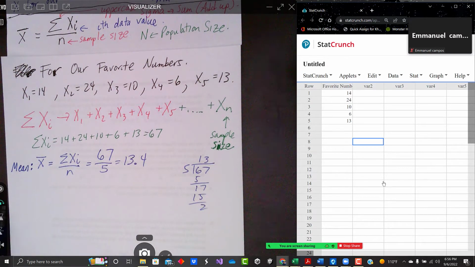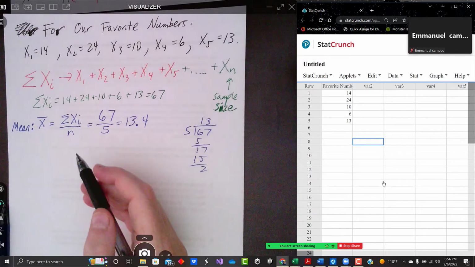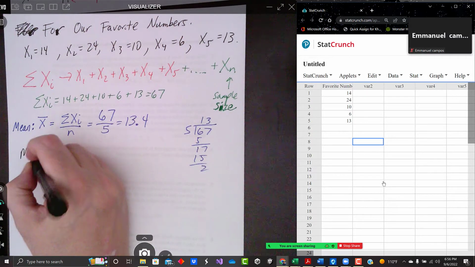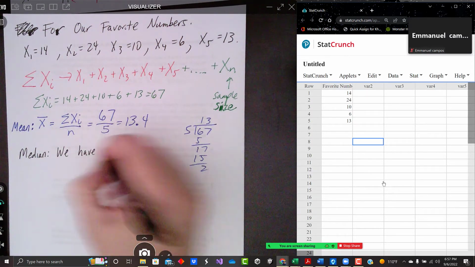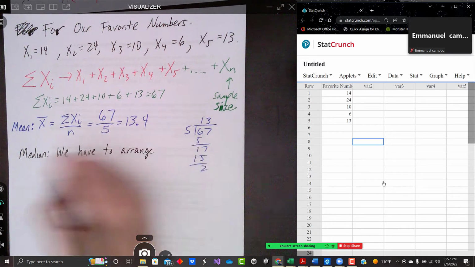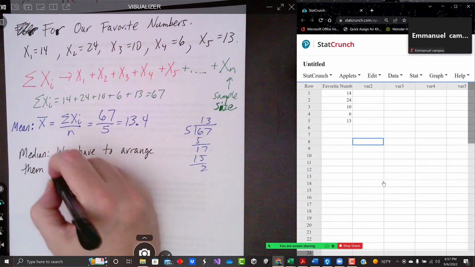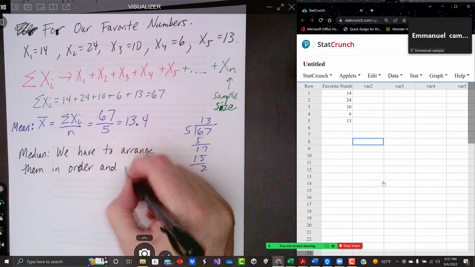When we want to do the median, we have to arrange them in order and pick the middle value.